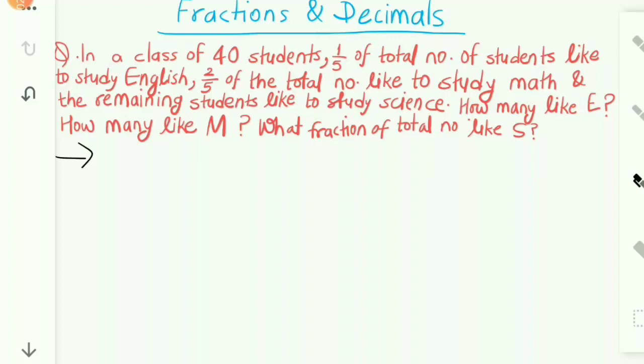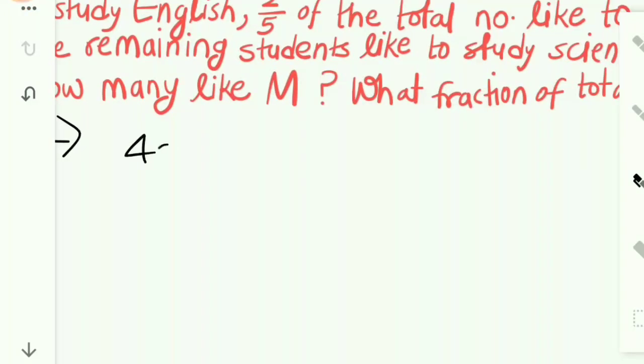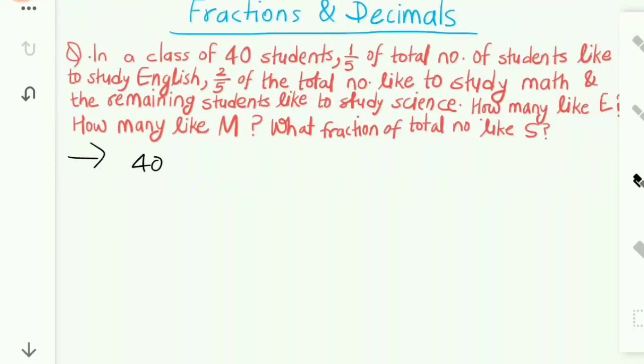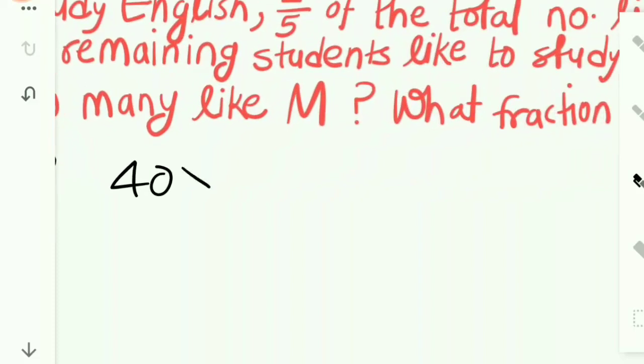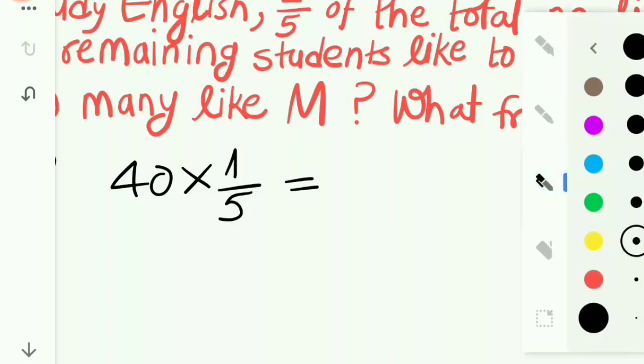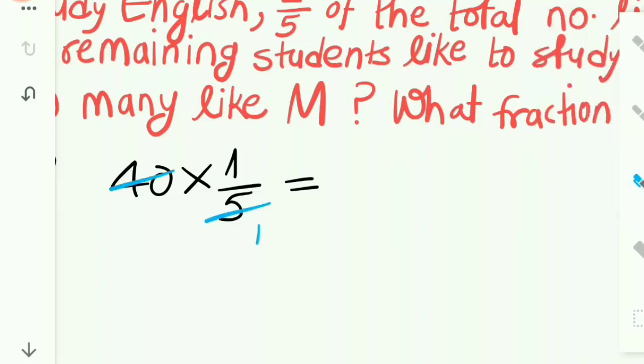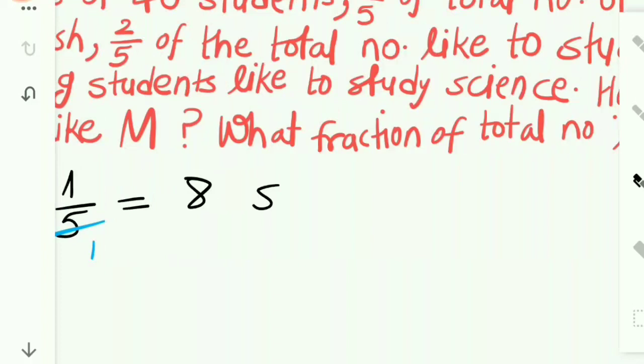Okay. So total number is 40. इसका 1/5 of total number like to study English. So 40 into 1 by 5 is equal to 5 ones are 5, 5 eights are 40, equal to 8. 8 students like to study English.